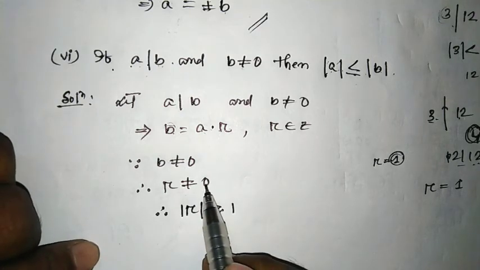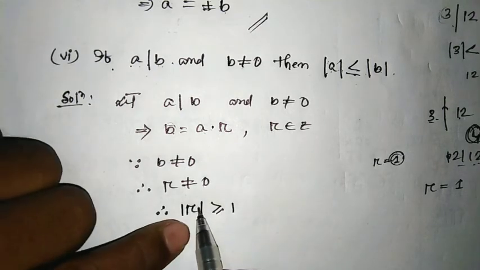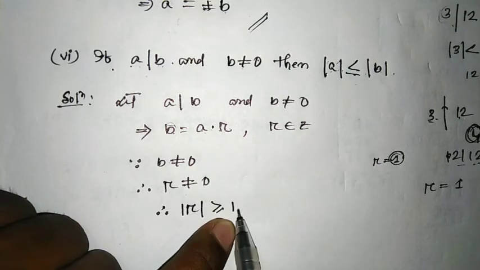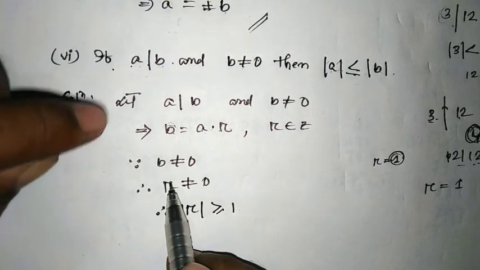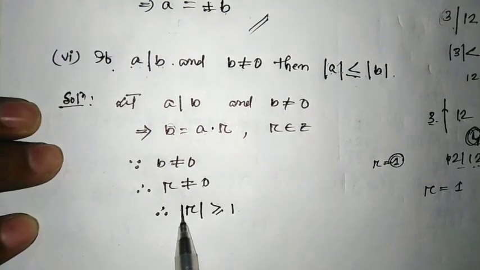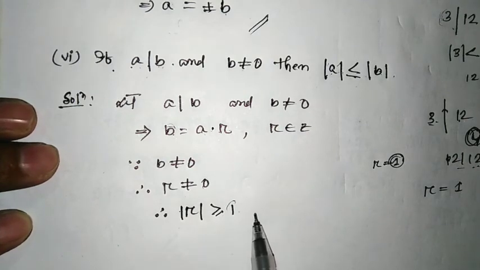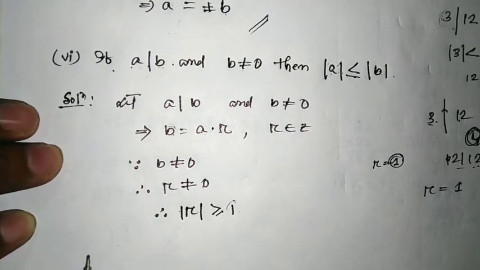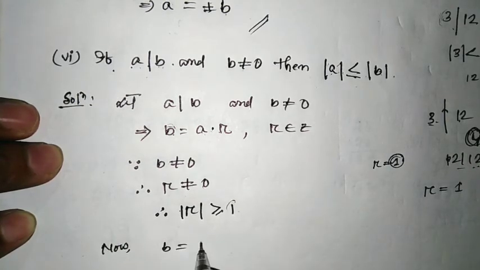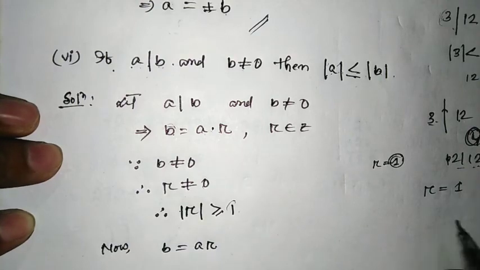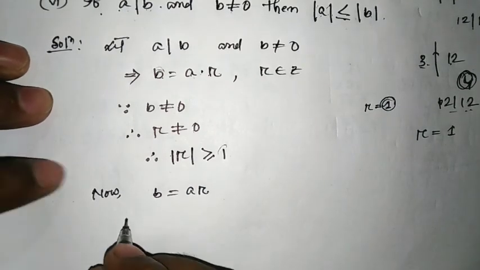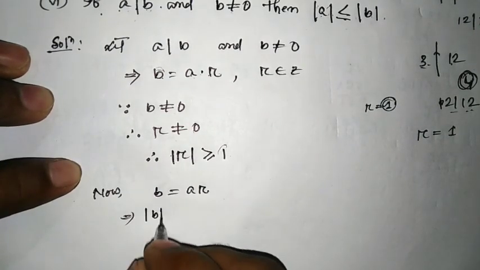If we consider the positive value only, then modulus of R is either 1 or greater than 1. Why? Because R is not taking 0, so R will be greater than 1 or maybe 1, and since we are considering only positive values here, modulus of R will be greater than or equal to 1.